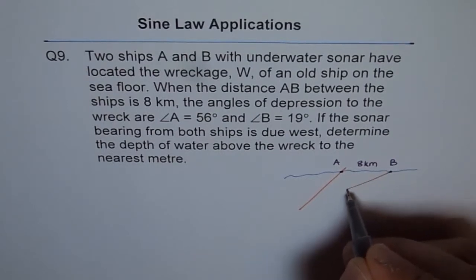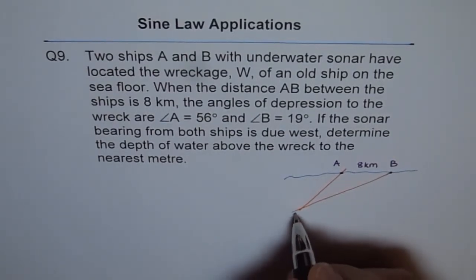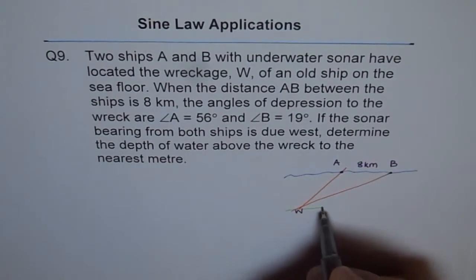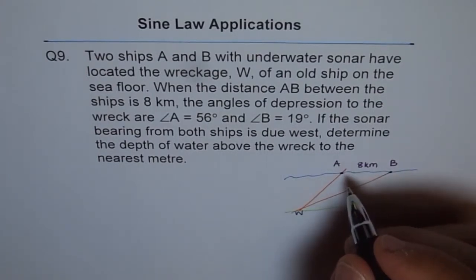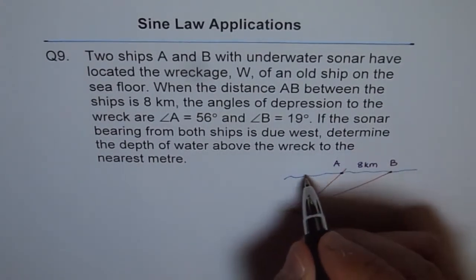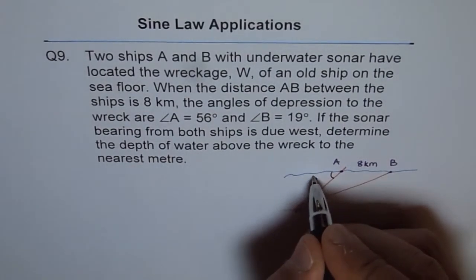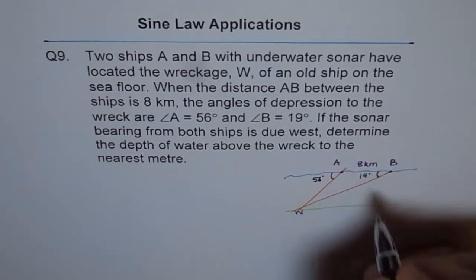And so we have wreck here W, and let's assume that that is the sea floor. Correct? So that is kind of a picture we have. Now, angle of depression is always with the horizontal. So this angle is 56 for us for A, and that angle is 19 degrees for us, right?